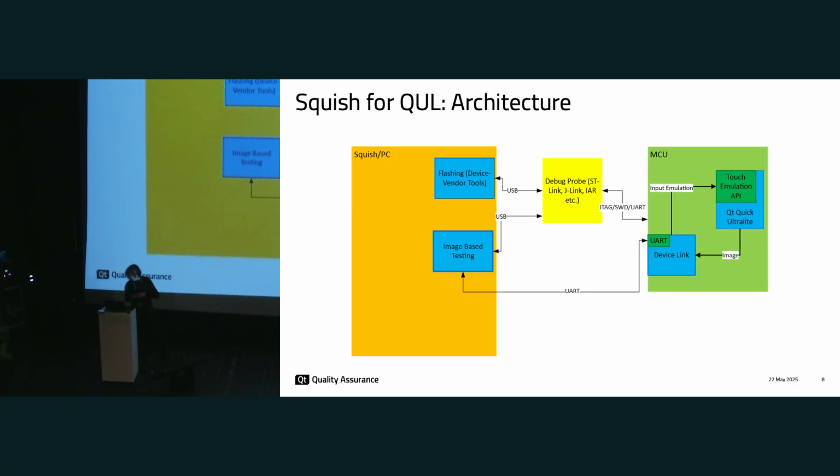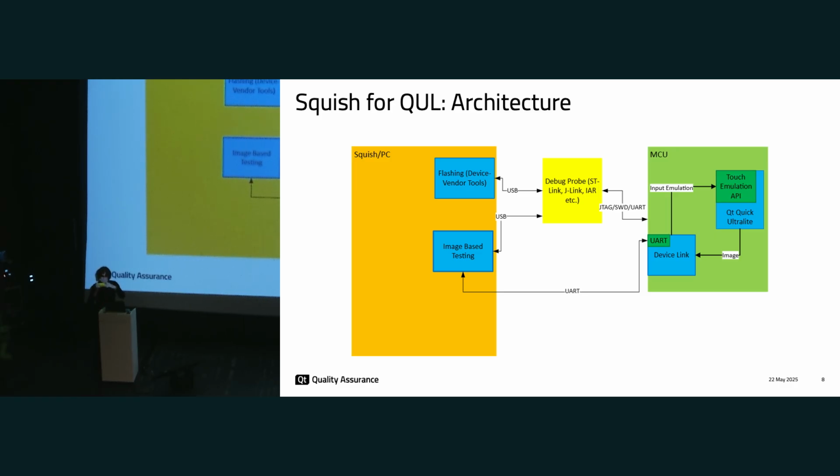All right, so this is some architecture. How does Squish for MCUs look like? I'm holding the MCU board. There is the application I'm testing, the device link, that's this tiny piece of code that actually helps me to test, the Qt Ultralite runtime, and of course the application that is made testable.